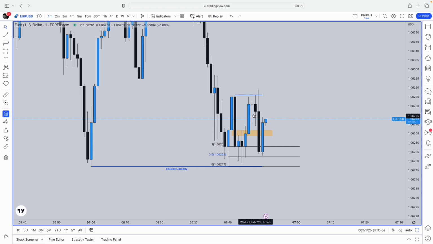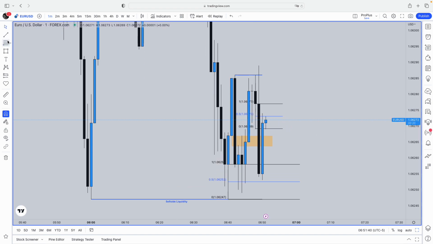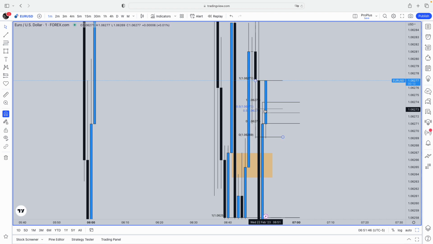Okay, here with a wick and a wick. To that there, to that there. Could head towards a fair value.